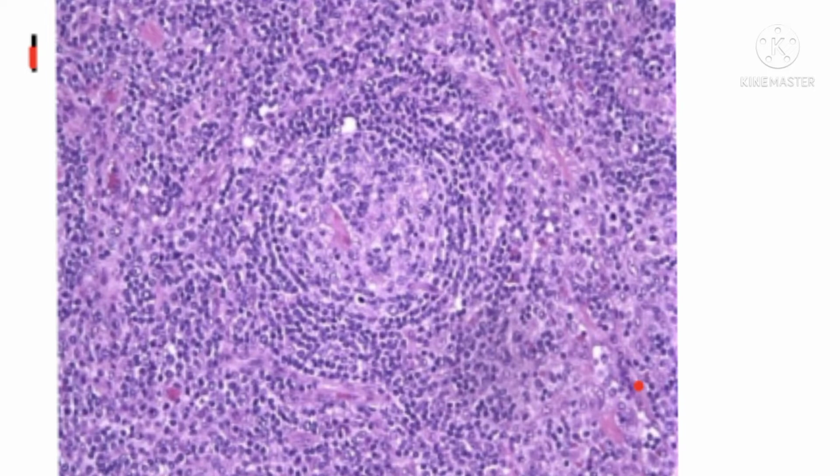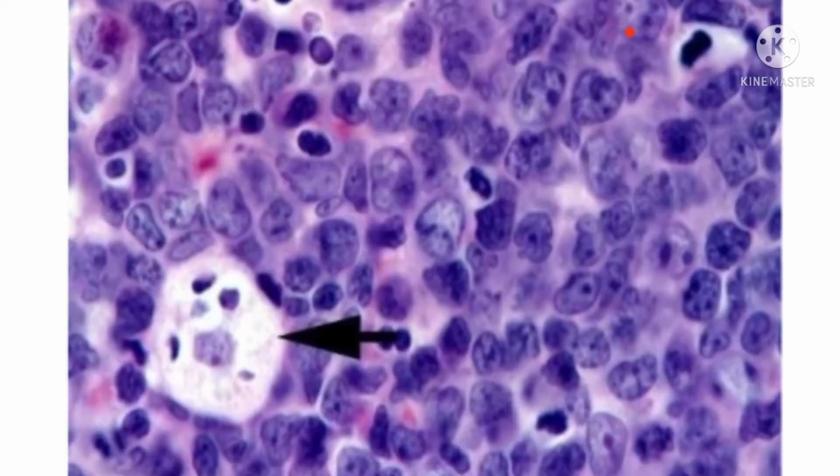In this picture, can anyone identify what is the marked cell? Tingible body macrophages with apoptosis. Describe a tingible body macrophage. It has abundant cytoplasm with medium to large nuclei with vesicular chromatin, and the tingible body macrophage has a clear cytoplasm and contains apoptotic bodies, which gives the node a starry sky appearance.